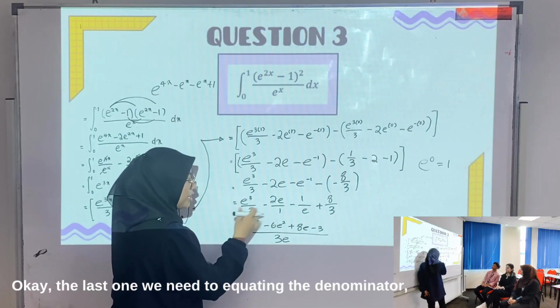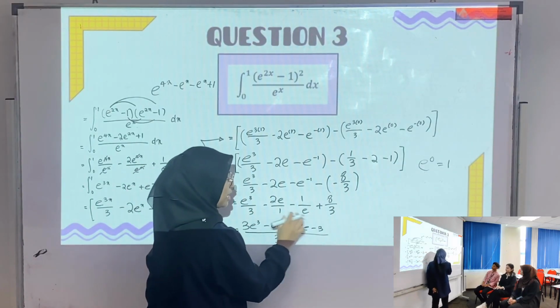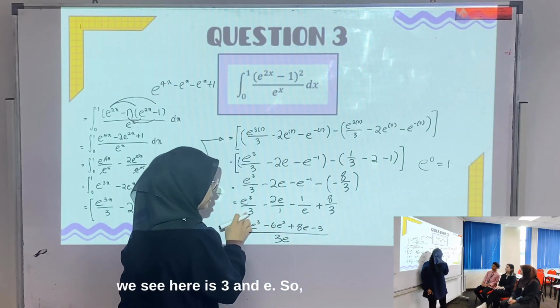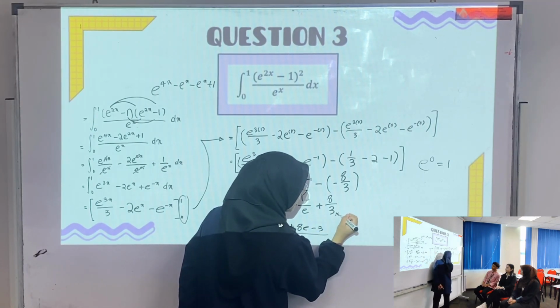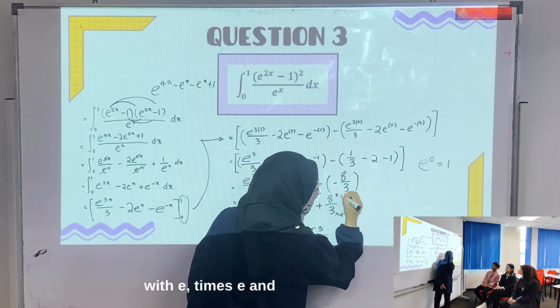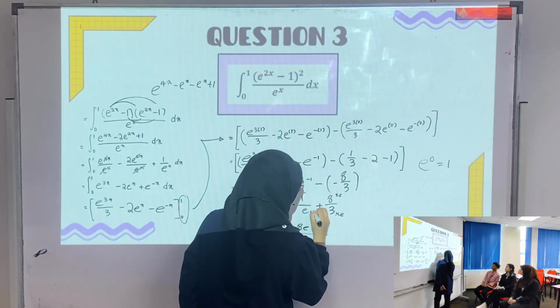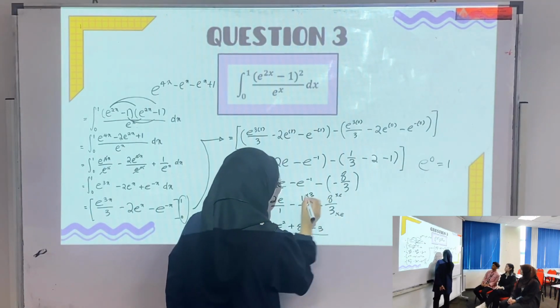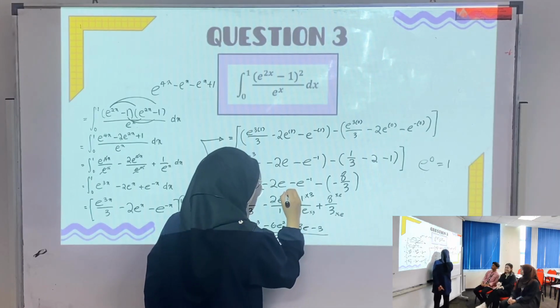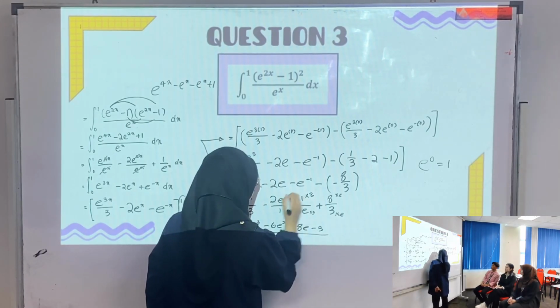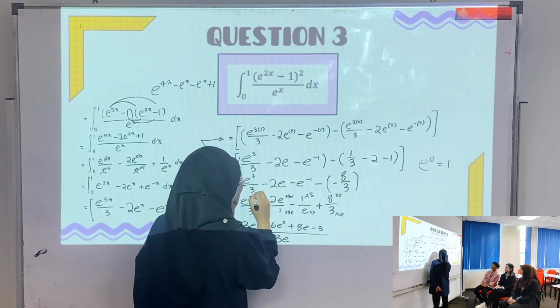Okay, the last one we need to equate the denominator. We see here is 3 and e, so here we times with e times e, times with 3 times with 3, and this time is 3e, and last one is e.